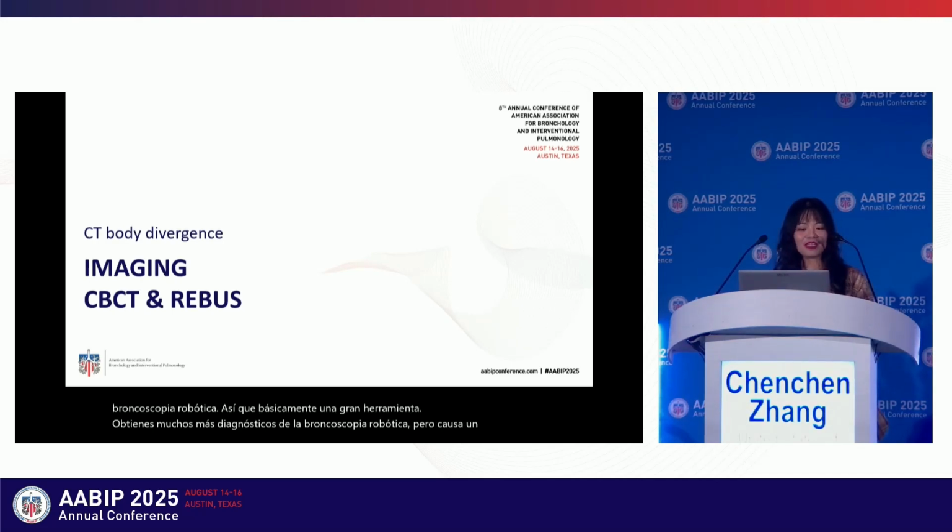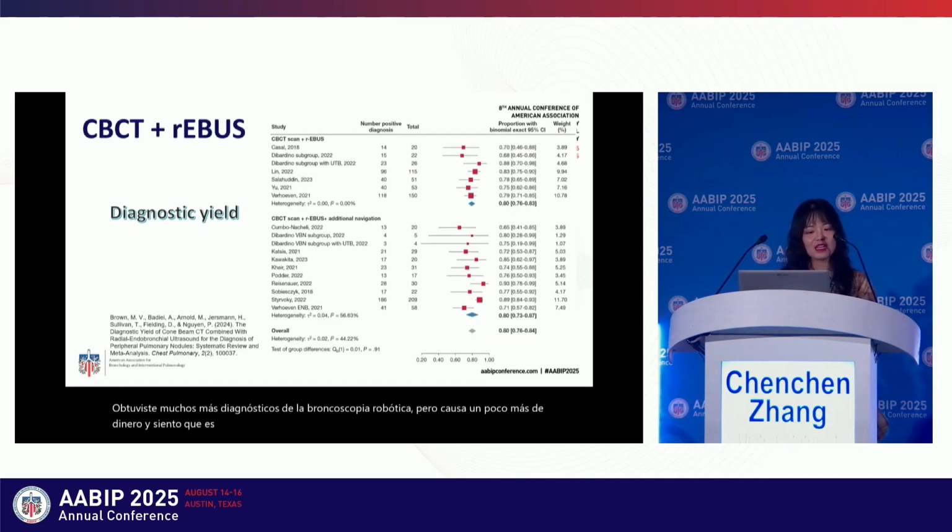And I feel like it's the same thing with cone beam CT. There is a really nice meta-analysis on it. If you look into the data, when you use cone beam CT, you do get your diagnostic yield in the 70s range. And if you combine it with other things like radial EBUS or navigation, you get yourself into the diagnostic yield range of the high 80s.